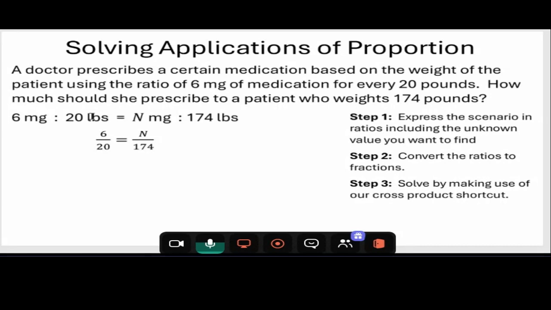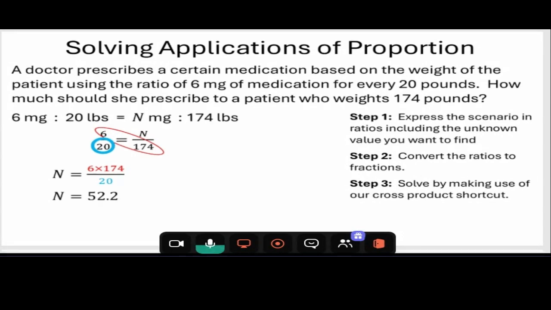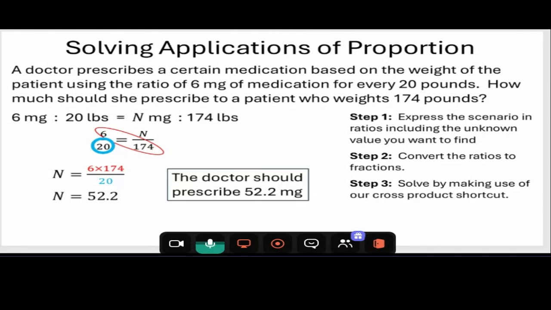So this cross product here is a 20 and an n, that has a variable in it. The other cross product, 6 and 174, is the one without a variable. So I multiply the cross product that doesn't have any variables, and then I divide by the other number, which is 20. Work that out in your calculator. You get 52.2. And so, did I hopefully write a sentence answer? I did. Good. The doctor should prescribe 52.2 milligrams to this particular patient.